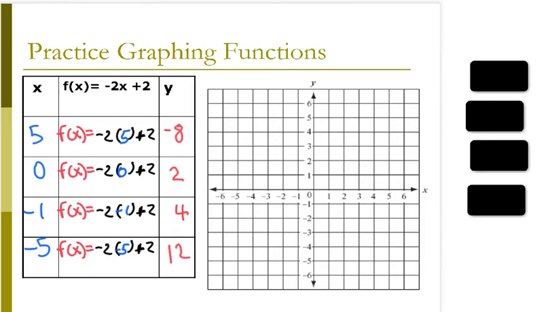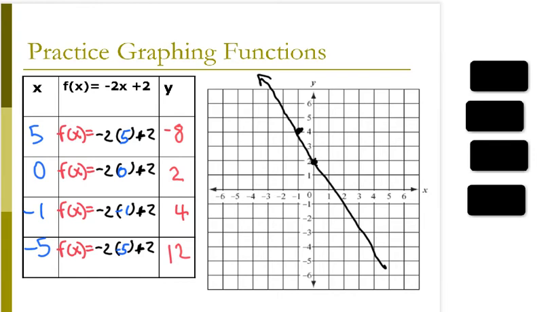Negative 1, 4 would go here. Negative 5, 12. Okay, looks like we don't have enough room for that one either. But we know that if we did, connecting the points that we have, we end up with this line. So that is our graph, y equals negative 2x plus 2, or f of x equals negative 2x plus 2.